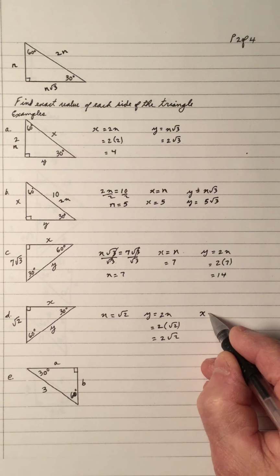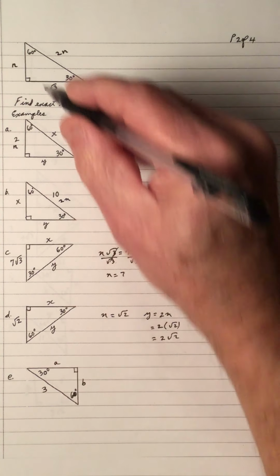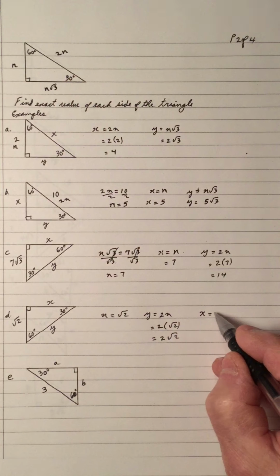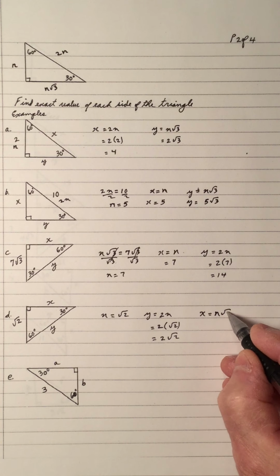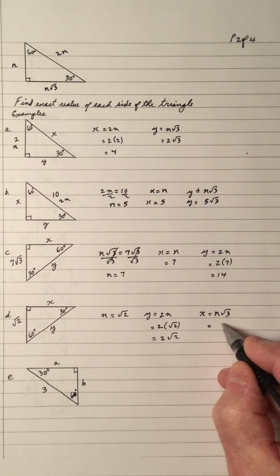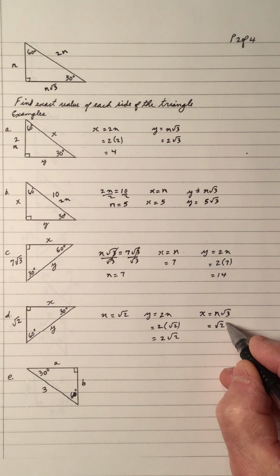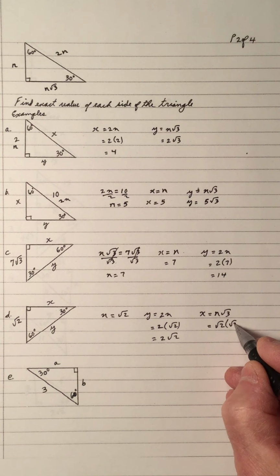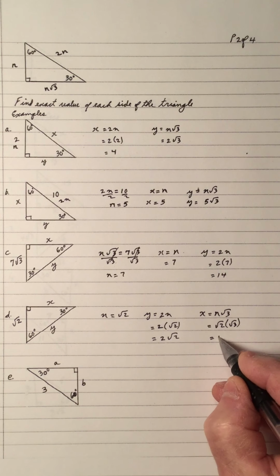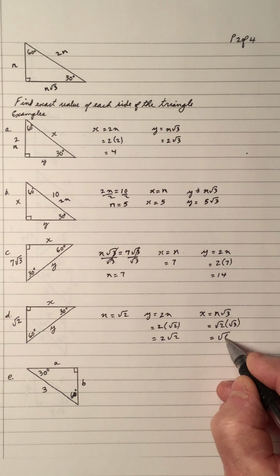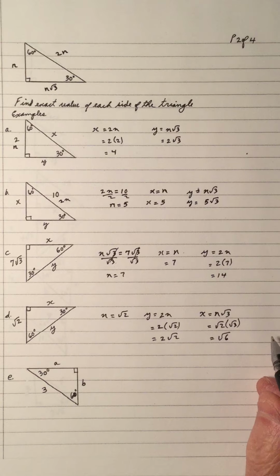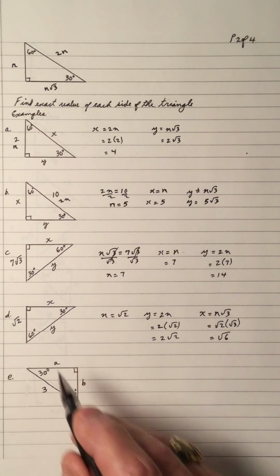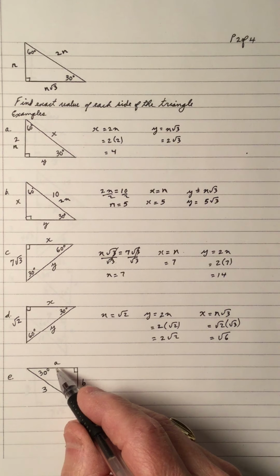And x is opposite to 60. Opposite to 60 is n root 3, so x is n root 3. N is root 2, and there's n root 3, so that means multiplication. Root 2 times root 3 is root 6. And we found the unknown values of x and y.